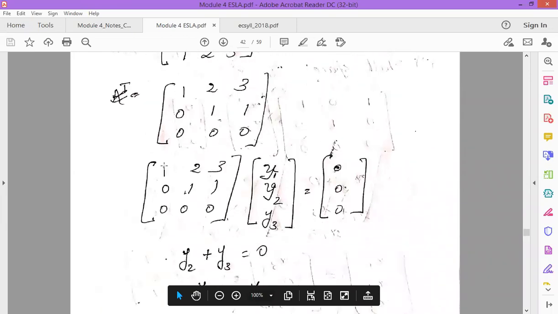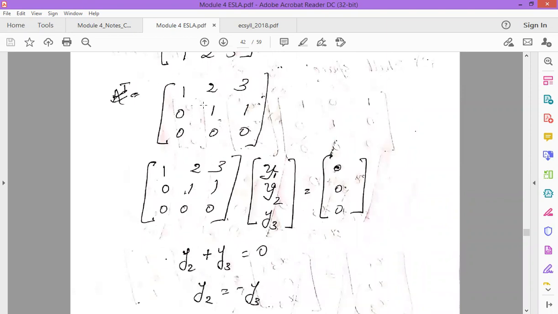You can see that pivot is present in the first row and also in the second row. So y1 and y2, which contain the pivot, are considered the dependent variables.